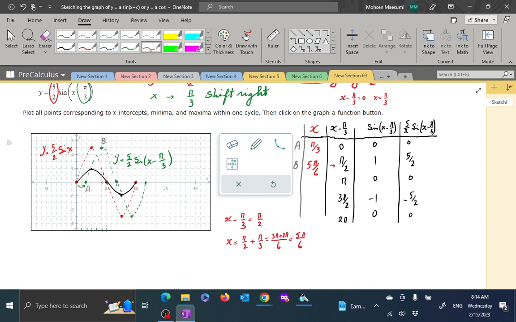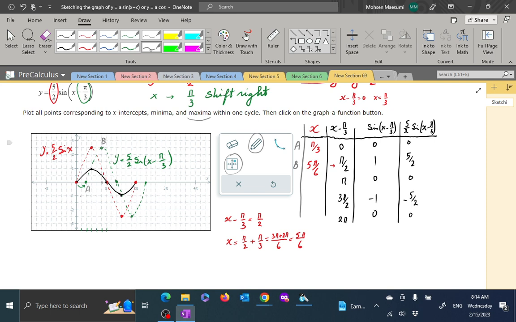So it's asking us to figure out where is the maxima. Let's count it. Each of these blocks we said is pi 6. And by the time I made it here is 5 pi 6. And my height is 5 halves. So you can either use the pen to mark it at that spot, or you can give the coordinates and locate those points, and then you're all done.